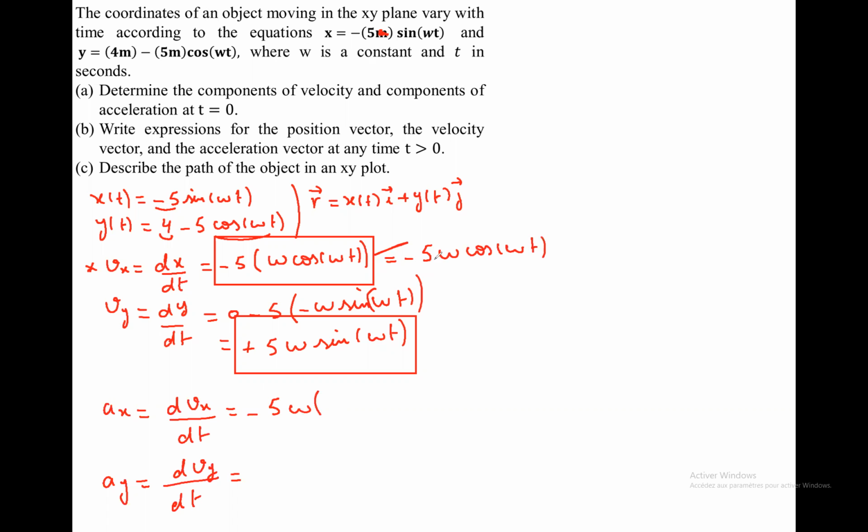The constant doesn't change, you put minus 5 omega. Omega is constant.